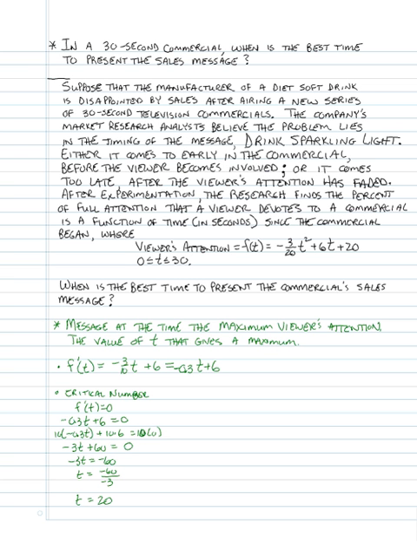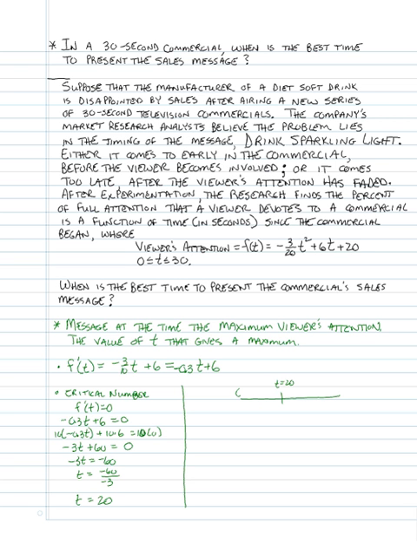Now, here's what we need to know: at this value of t, which represents 20 seconds into the commercial, does it give a maximum viewer's attention? That is, is f of t at a maximum? So we set up the testing mechanism for t equal 20 as our critical number.